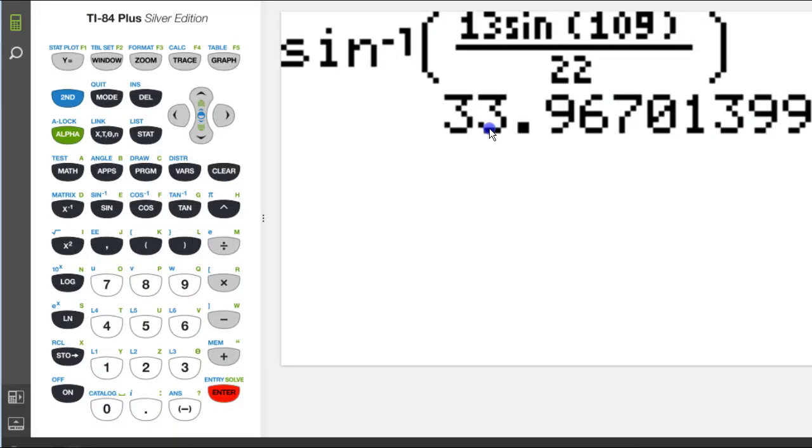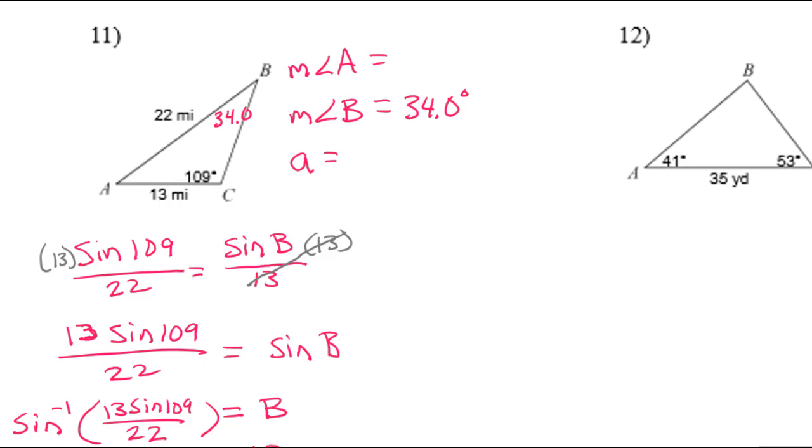So I'm going to go ahead and write down 33.967. I'm going to keep all of those good decimals. All right, so instead of putting 34.0, I'm going to put 33.967. That will help my other answers to be more accurate.